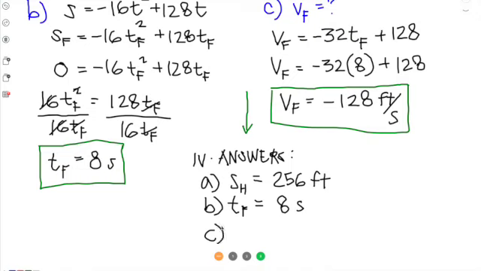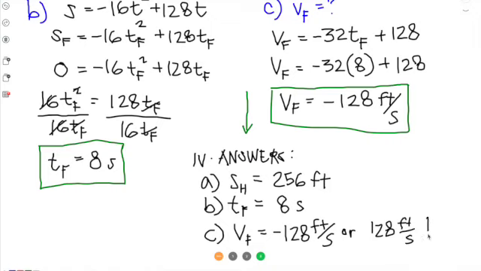And for C, we solved the final velocity is equal to, I will keep the negative sign, negative 128 feet per second, or 128 feet per second, and you denote the direction as downwards.